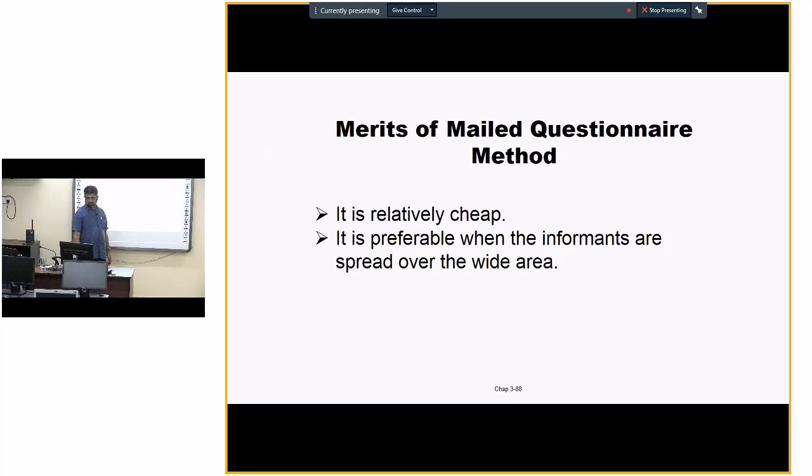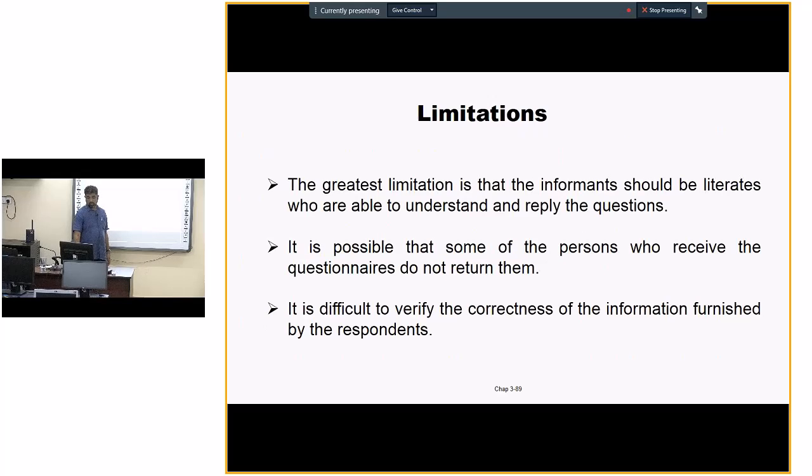Then the merits of the mailed questionnaire. It is relatively cheap, less costly and time-consuming, and preferable when informants are spread over a wide geographical area. And there are limitations also.